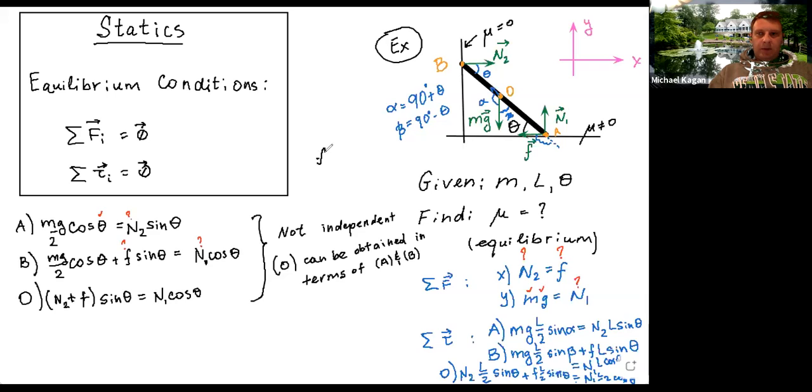So f equals mu n1. So basically, we trade the unknown f for the unknown mu. That doesn't affect the total number of unknowns. Does that make sense? So with this in mind, we can start solving things. Okay, so this is just math, and see what we get.